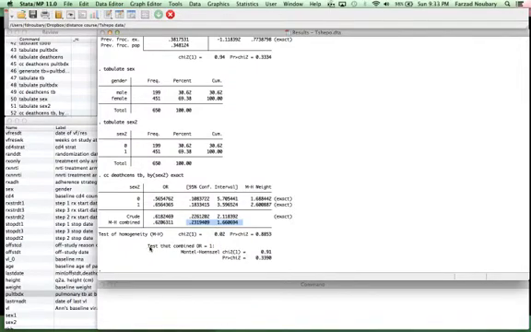And we get the same output down here, the test that the combined odds ratio is equal to 1. We would fail to reject because we have this p-value of 0.339. 0.339 is greater than 0.05.